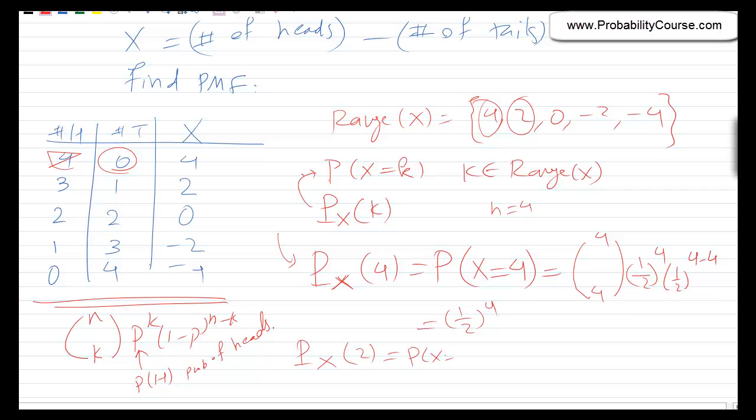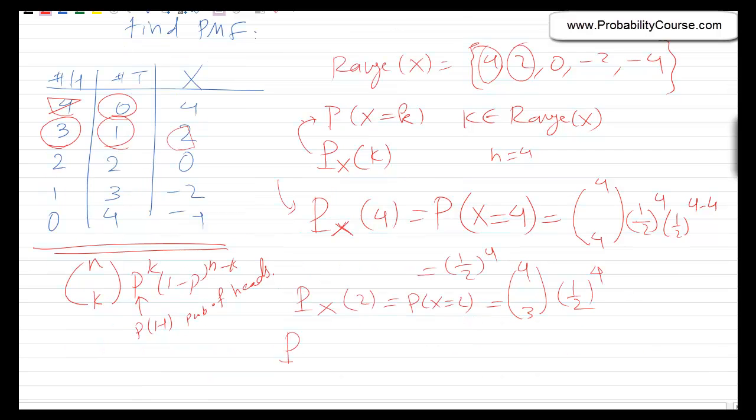This is the probability that x is equal to 2, which happens when I have 3 heads and 1 tail. Again, binomial experiment, I toss the coin 4 times. What is the probability that I observe 3 heads? It's 4 choose 3, and if you simplify this, it becomes 1/2 to the power of 4.